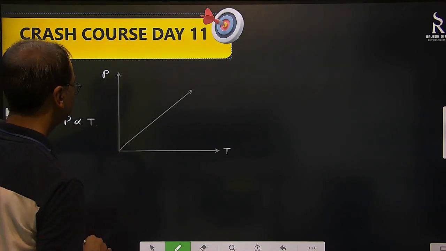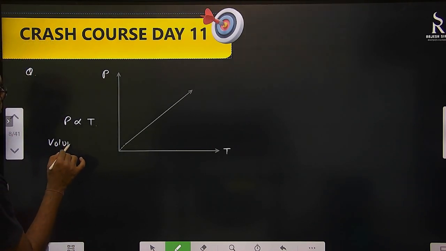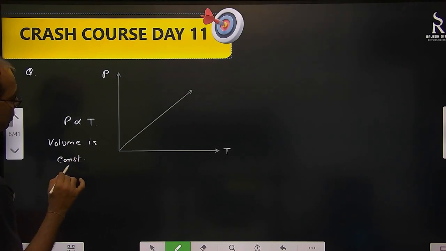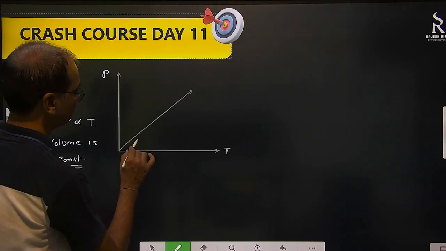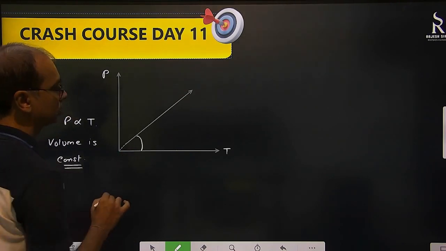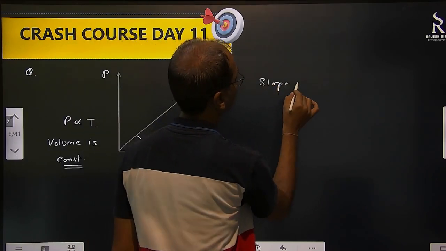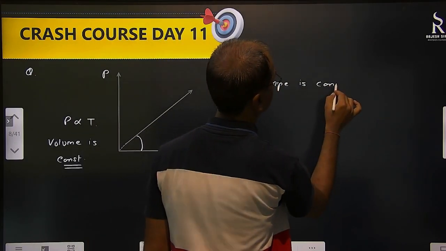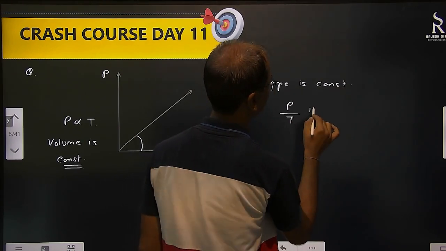Starting from origin means P is directly proportional to T, and volume is constant. Now its slope represents what? The slope is constant, we know, but what is the slope? Slope is P by T. P by T is constant.